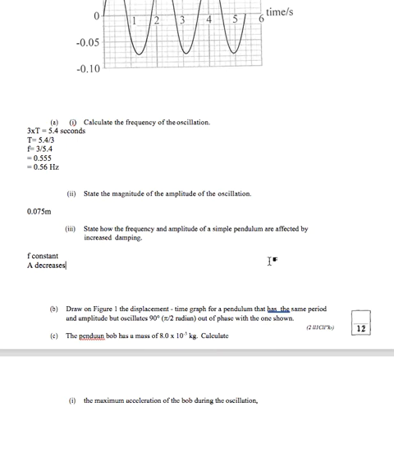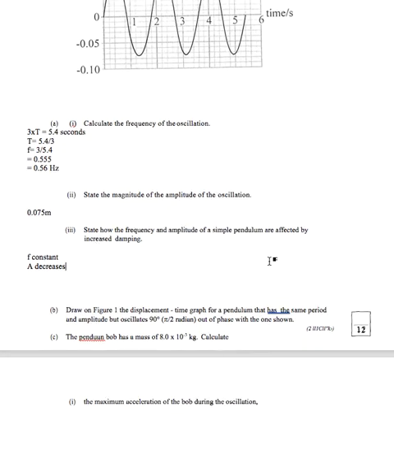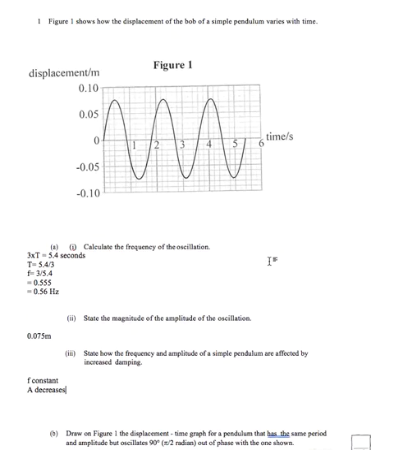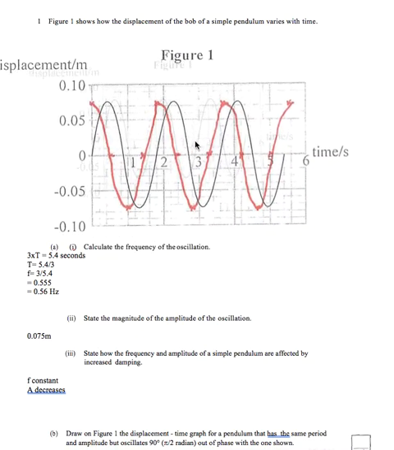Draw on figure 1 the displacement time graph for a pendulum that has the same period and amplitude, but is pi by 2 out of phase with this one. Well, that means you're going to go from a sine graph to a cos graph.